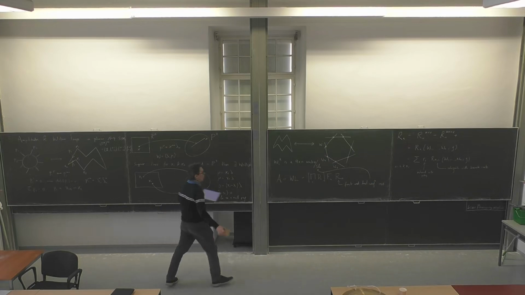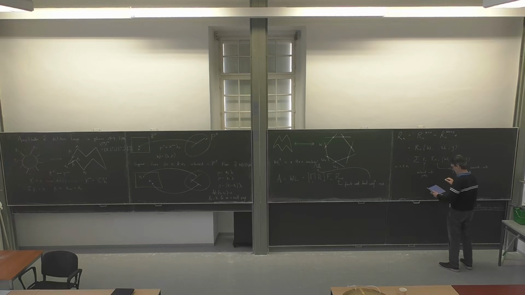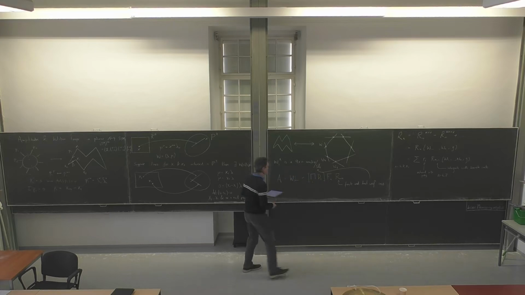Okay, so, what functions? Let me just write here, what functions? So at low n, here I have n equals 6 and 7 in mind. 6 and 7, why? It's really to do with the dimension of this space. This thing only has non-zero positive dimension if n is 6 or bigger.